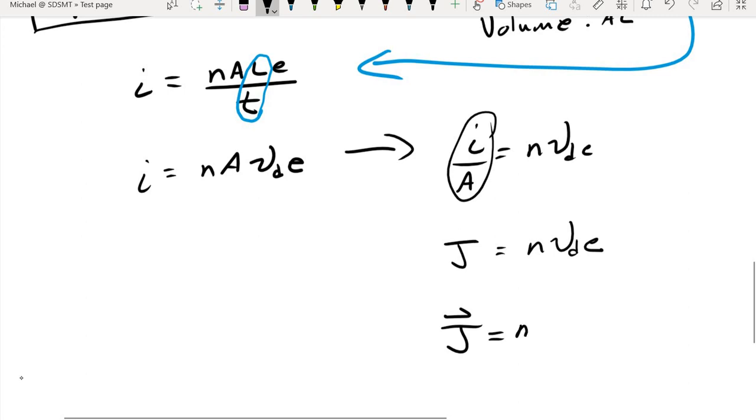So n was the number of charge carriers, e is the elementary charge, and v_d is the drift velocity.